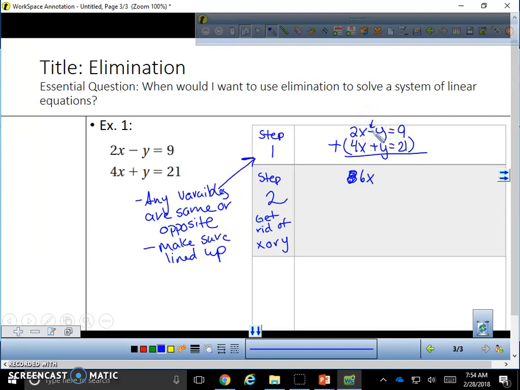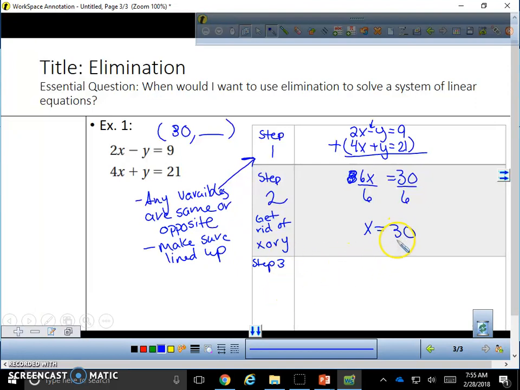Negative y plus y is 0, eliminate, whole point, equals 9 plus 21 is 30. So step 2, get rid of x or y, and then solve. Divide by 6, and x equals 5. So right now, we know that x is 5, but we do not know y, so step 3.